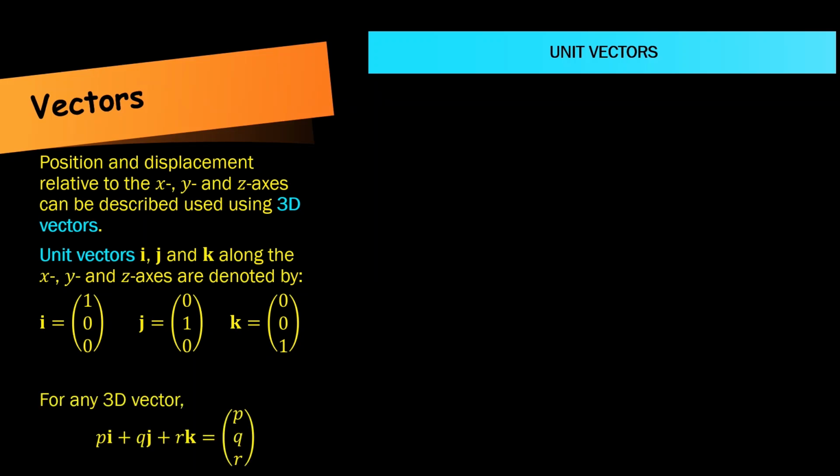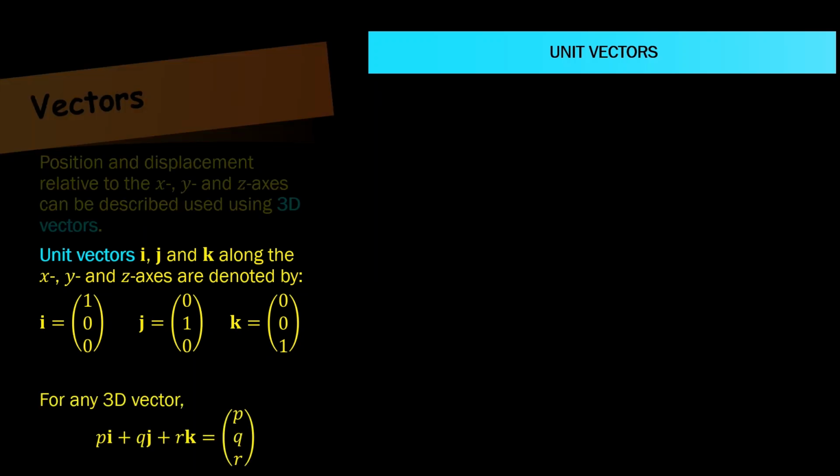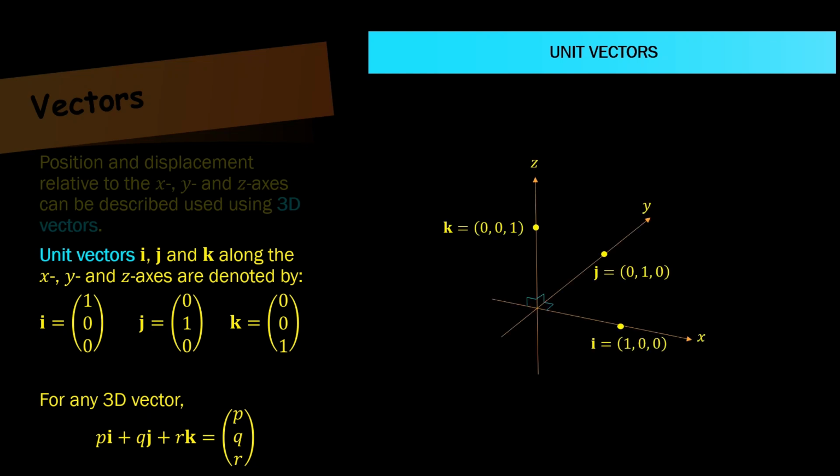So for any 3D vector, pi plus qj plus rk equals (p, q, r) vertically, as shown. You can now see the i, j, and k vectors on the x, y, z axes. Here's (1, 0, 0), or i, here's j, and here's k.